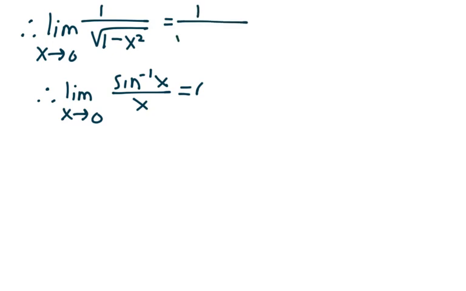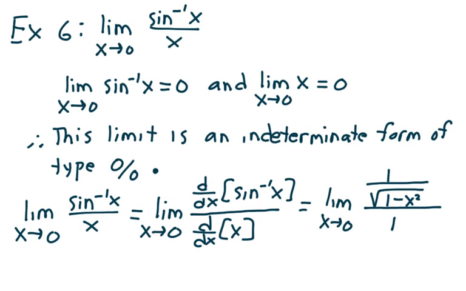We get 1 over the square root of 1 minus 0 squared, right? That's actually 1. And so this limit as x goes to 0 of arc sine x over x must also be 1. And that's how you do, this should be example 6. So let's take a look at 2 more examples for this video where we apply L'Hopital's rule.